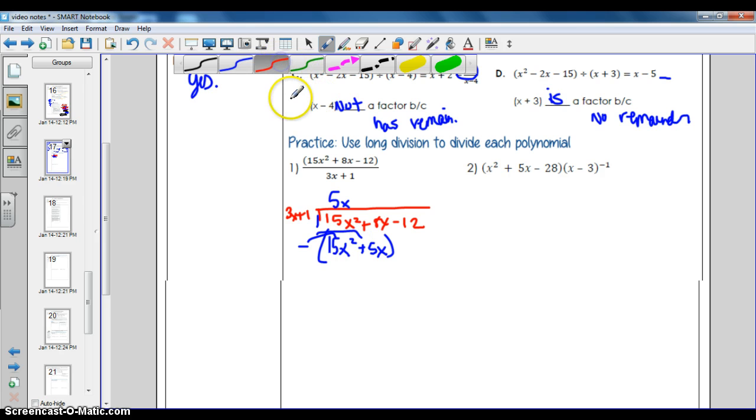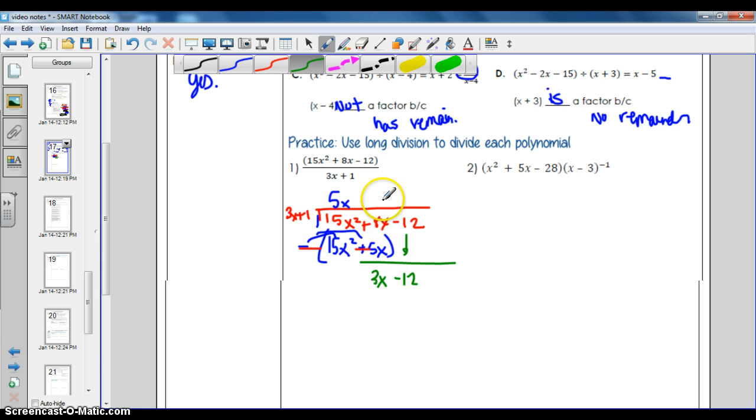So that makes it a negative 15x squared minus 5x. So now we combine those, or subtract those in a sense. 15x squared minus 15x squared cancels. 8x minus 5x, that's 3x. Bring down the negative 12, and we repeat.